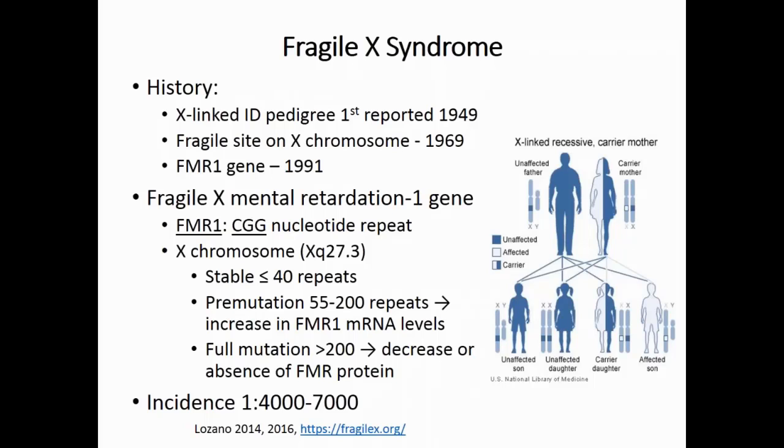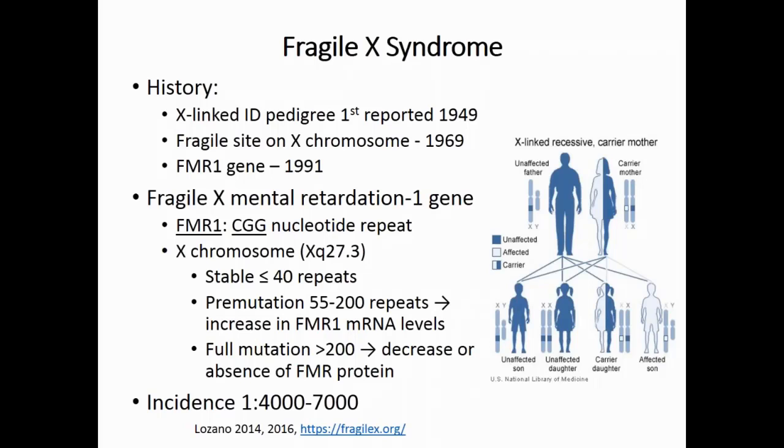Individuals who are carriers for Fragile X, who have what's called a pre-mutation, have 55 to 200 CGG repeats. Pre-mutation individuals have an elevation of the FMR1 mRNA. The molecular basis for Fragile X syndrome is characterized by having a full mutation, which means greater than 200 CGG repeats, and methylation of the cytosine bases.